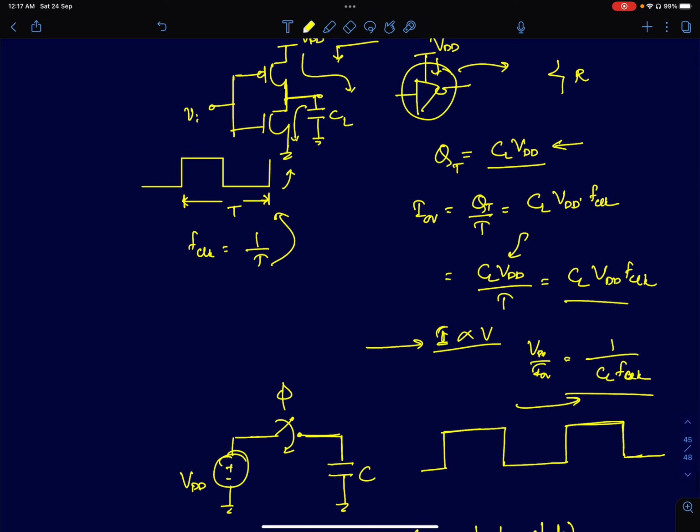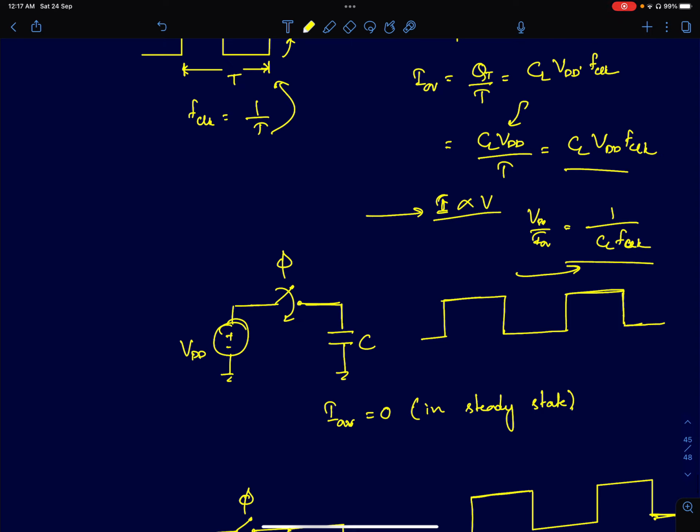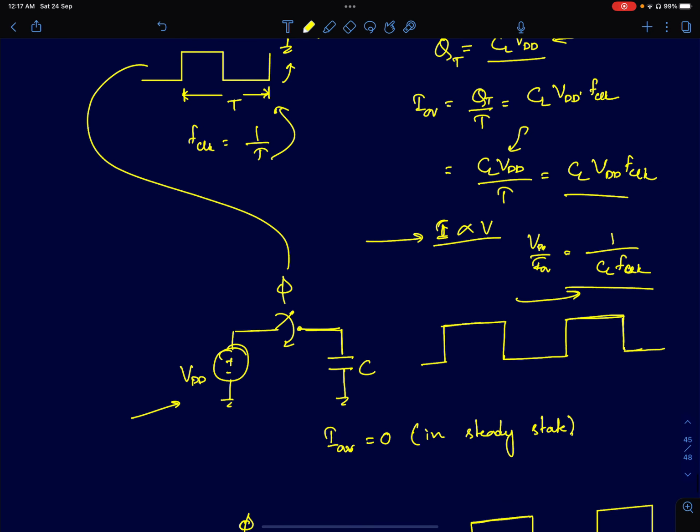Now, to understand this result, we will connect to another circuit which we are well aware of, the switched capacitor circuit, and try to draw an equivalence between these two. Let's say I have a DC voltage source VDD, and I'm connecting it through a switch to a capacitor. This switch is controlled by the same clock input. In the first cycle, when the switch is closed, the capacitor will be charged to VDD.